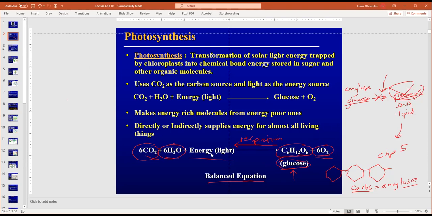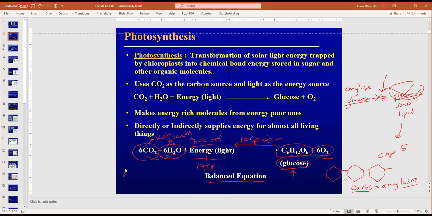And we, instead of needing energy, we give off energy. We produce energy in the form of ATP, and we produce water as a byproduct, and you guys saw that in the Krebs cycle. And we also produce CO2, and you also saw that in the Krebs cycle.